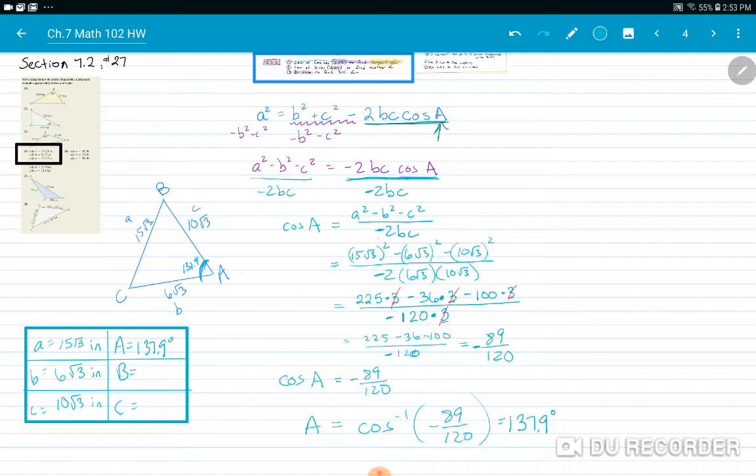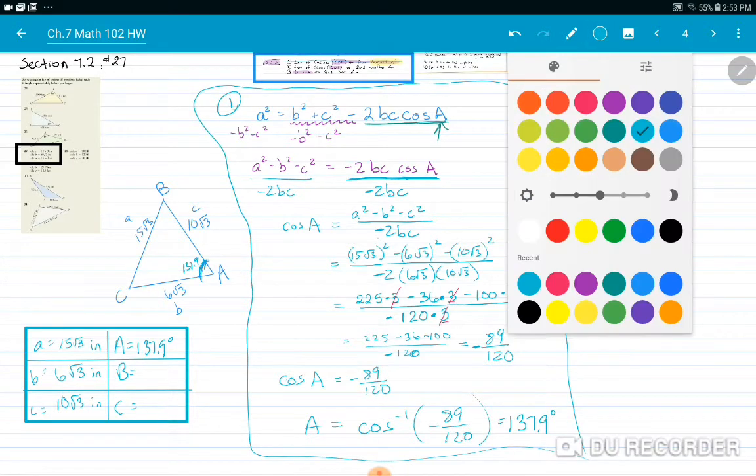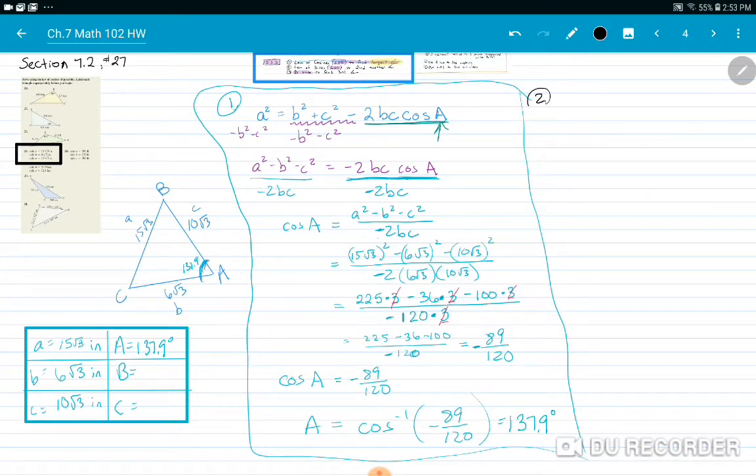And then the next thing to do is to use a law of sines to find another angle. And at this point, it doesn't matter. We can find angle B or angle C. So this is step 1 here. Going on to step 2. Using the law of sines. So I'm definitely going to use that information because I need an angle for my law of sines.